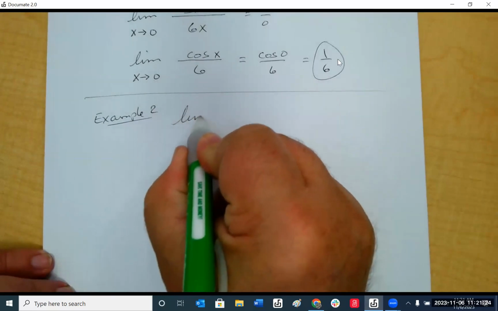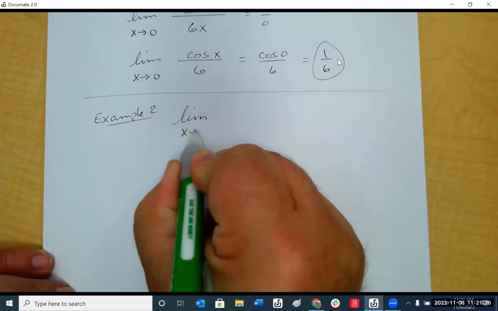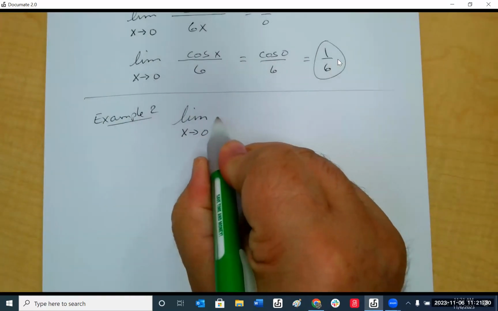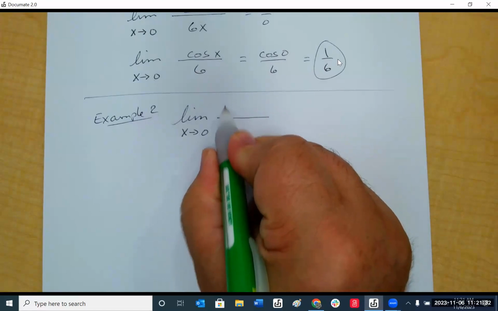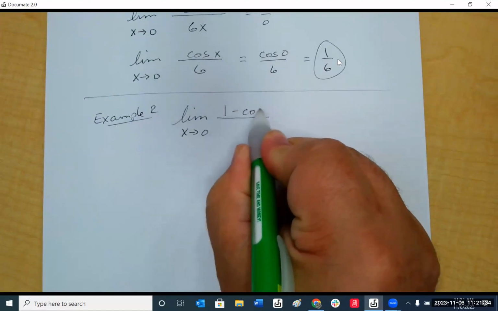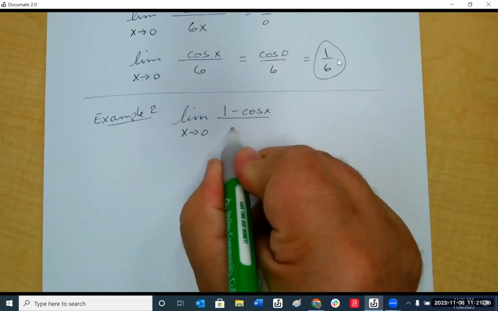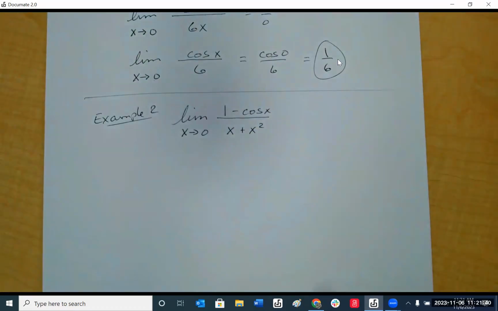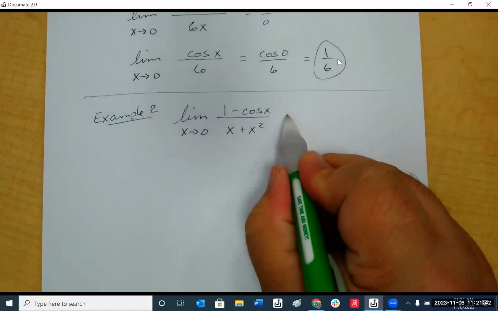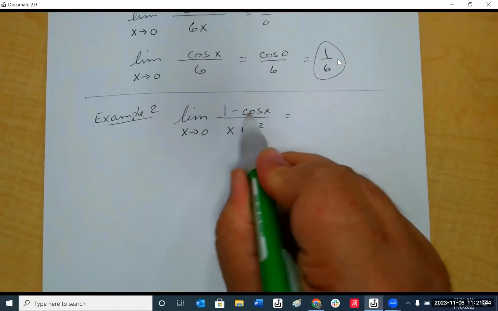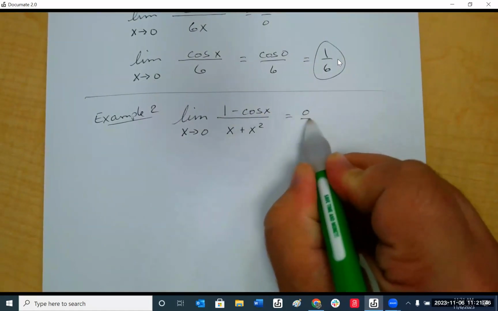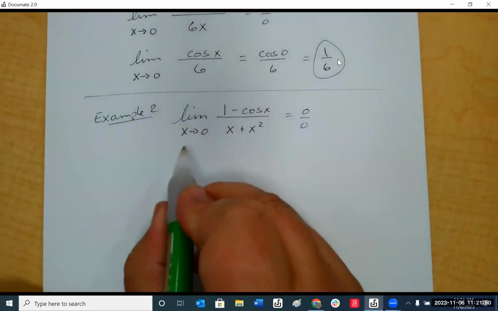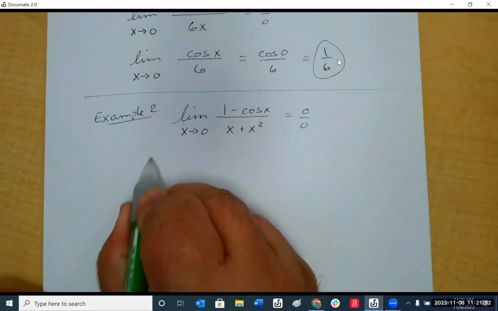Limit as x approaches 0. All right, so first off, plug in 0. 1 minus 1, 0. So it's 0/0. So we take L'Hopital's rule.